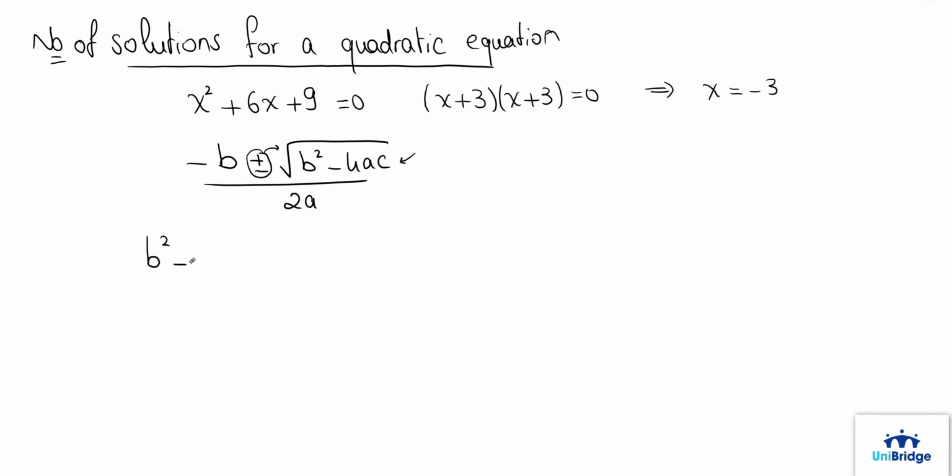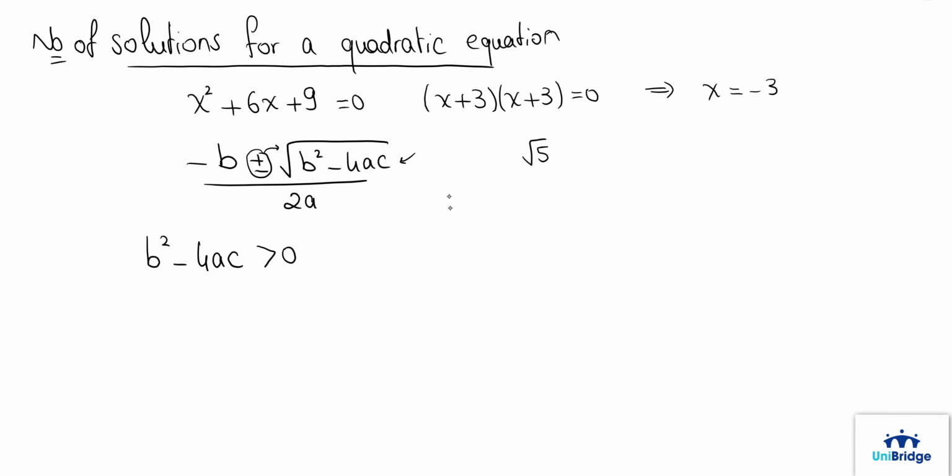So let's have a look. What happens if the discriminant, b squared minus 4ac, is greater than 0? Let's say it's root 5, root 20, root 25, whatever.